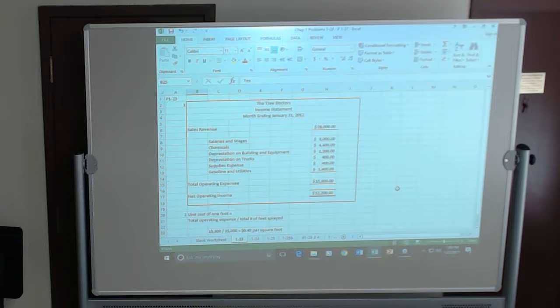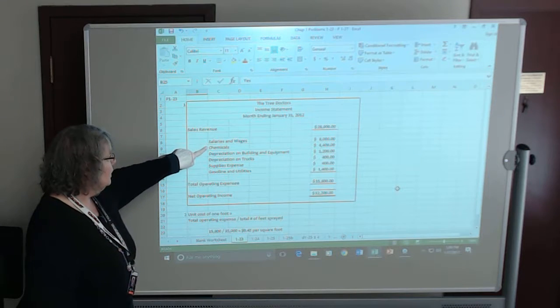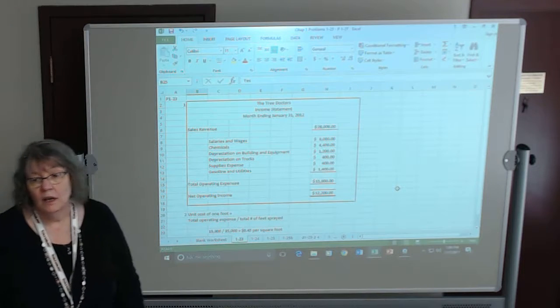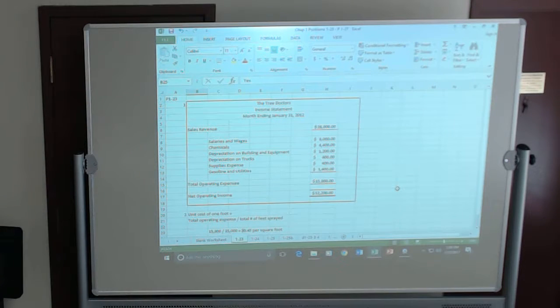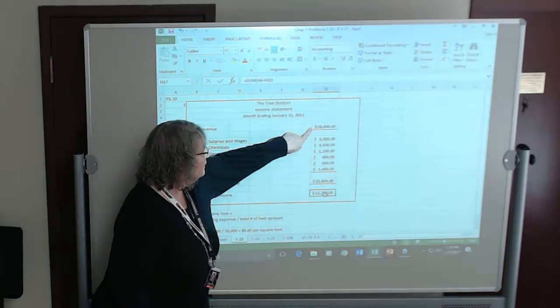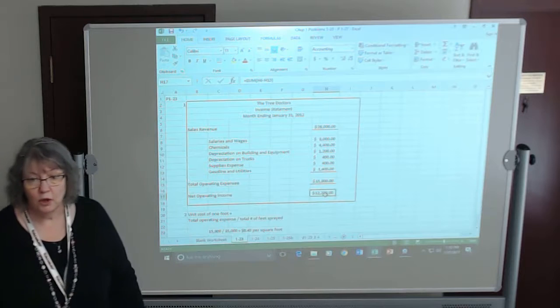So we start with $28,000 in revenue, we add all this in, and then we have a total operating expense of $15,800. So our net operating income is, and I'll show you, you need a little formula up here. 28,000 minus 15,800 is $12,200.